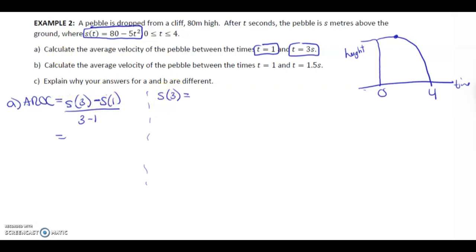So s at 3 is going to be 80 minus 5 times 3 squared, which gives us 35. And then s at 1 is going to be 80 minus 5 times 1 squared, which is going to give us 75.